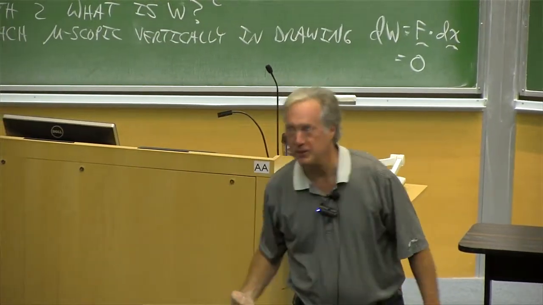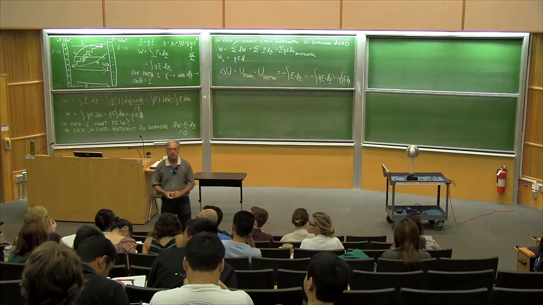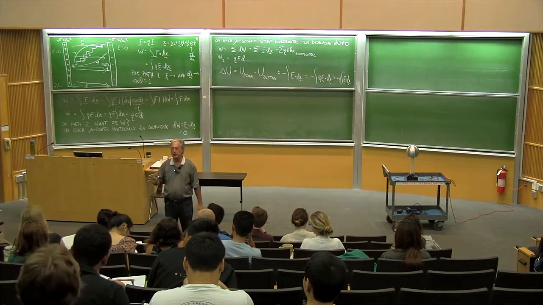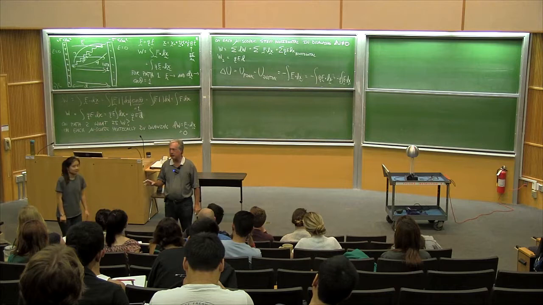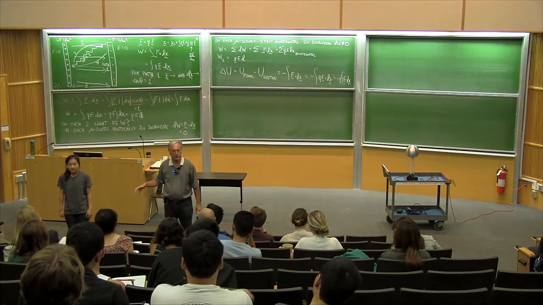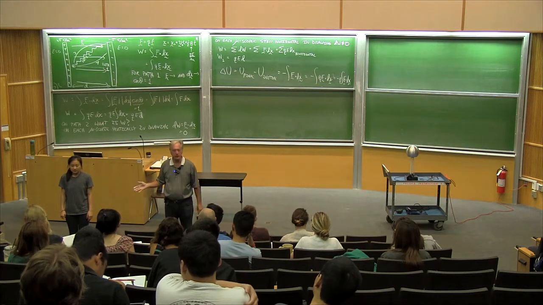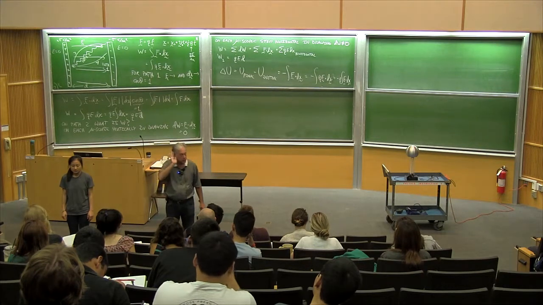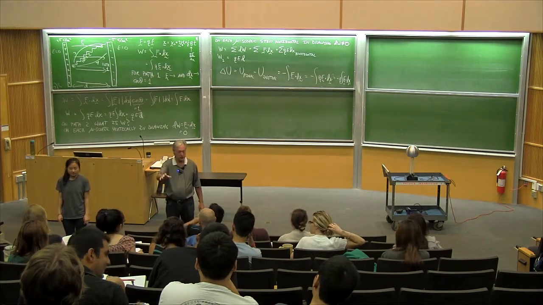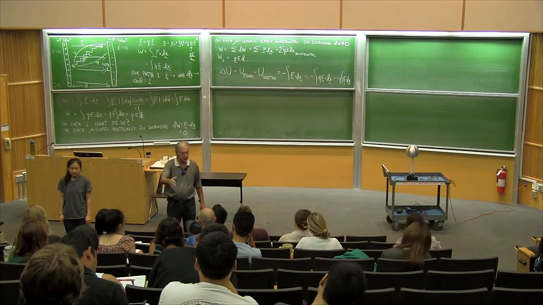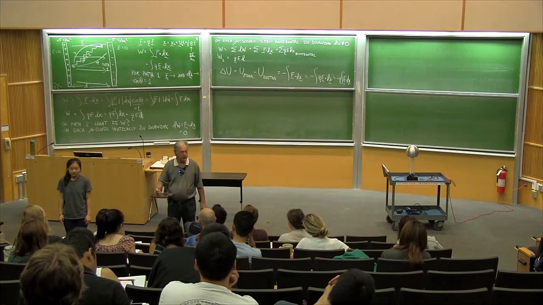She rushes down here, does mgh in about how long a time? 5 seconds. How many joules did it change? 1,500. What's the power? Watts, you say? 1,500 joules in 5 seconds is... No, 330. 1,500 over 5. 300. There we go, see?